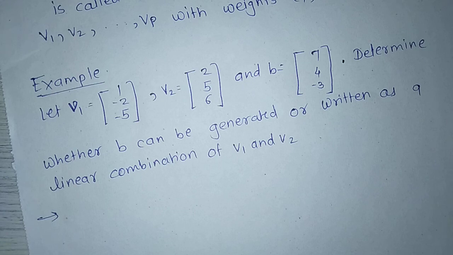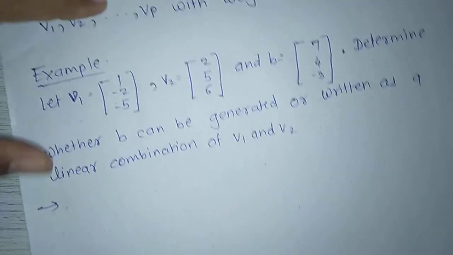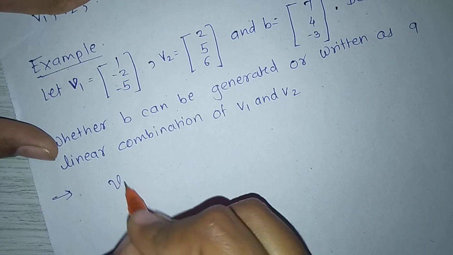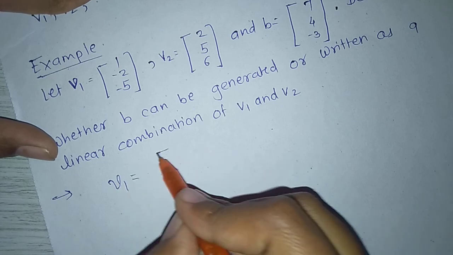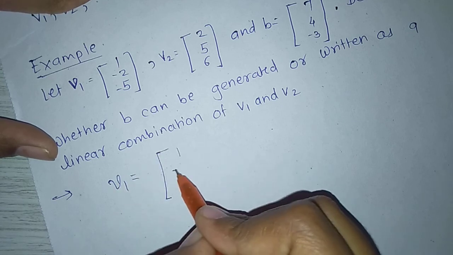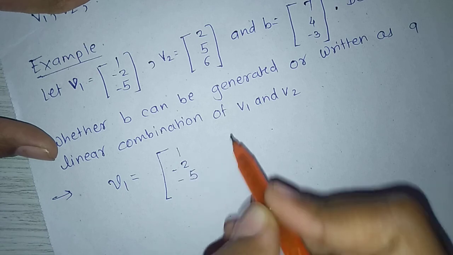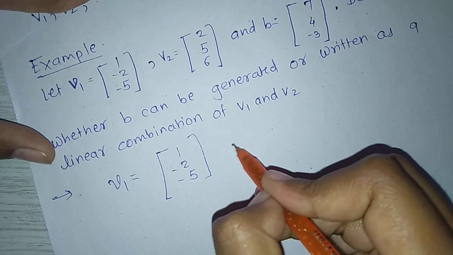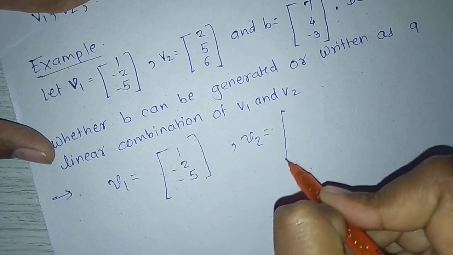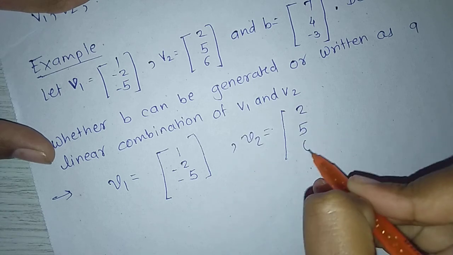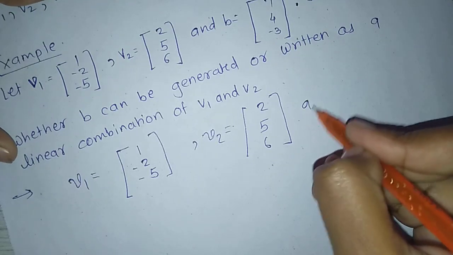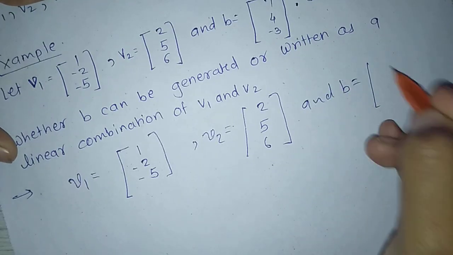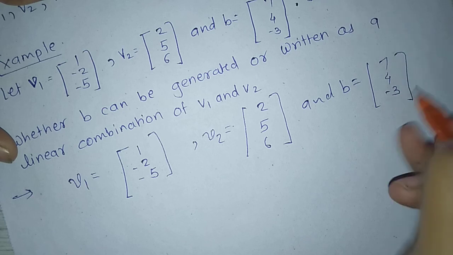First, write v1 and v2. v1 equal to 1, minus 2, minus 5. v2 equal to 2, 5, 6 and b equal to 7, 4, minus 3.